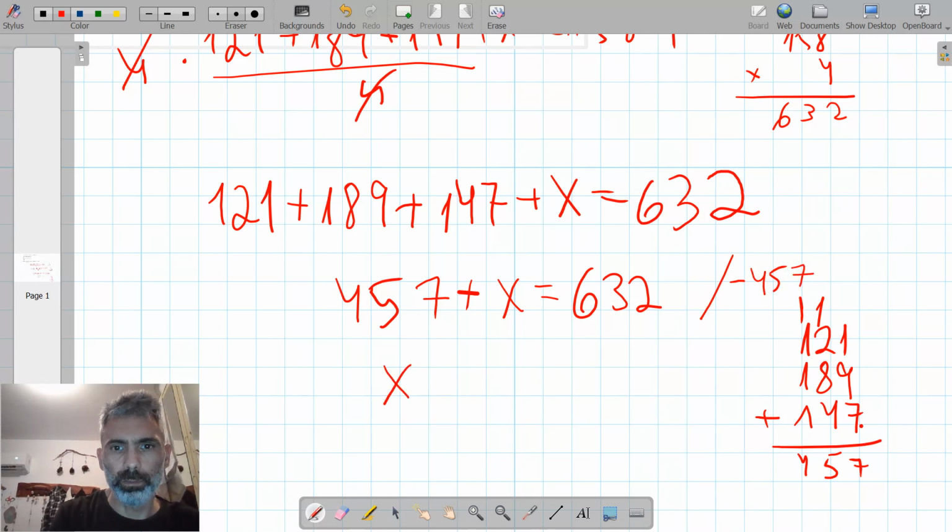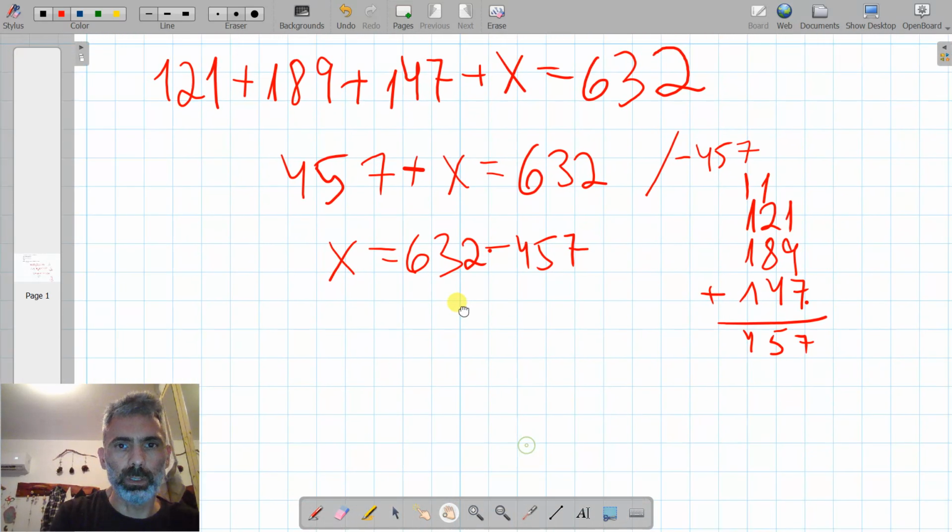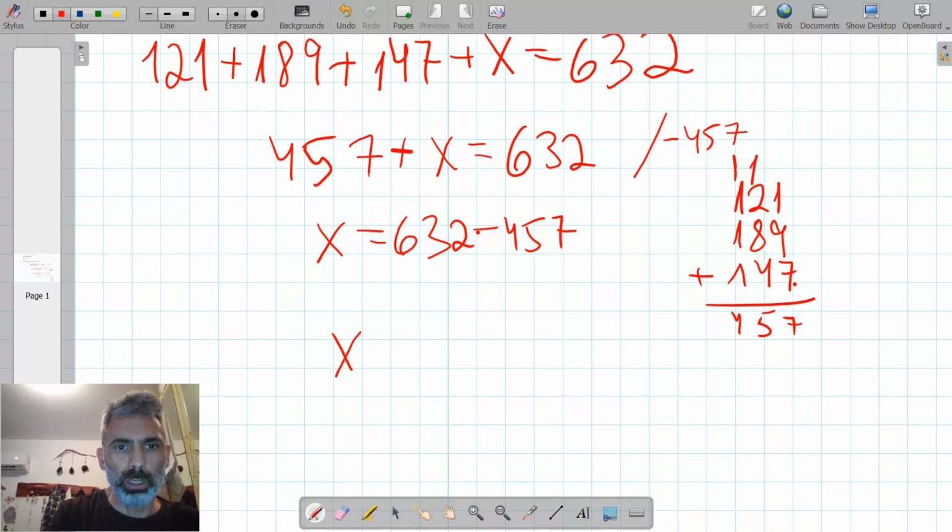So on the left hand side we are left with only x, and on the right hand side we subtract 457 from 632. So x equals 632 minus 457.